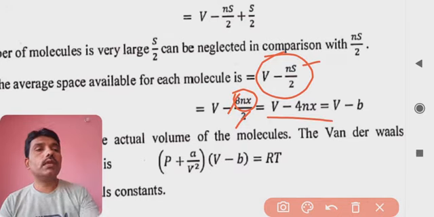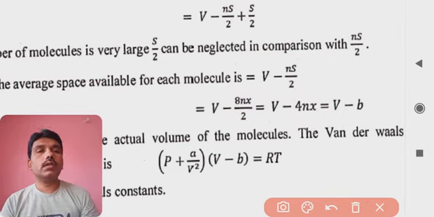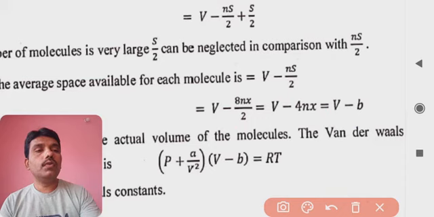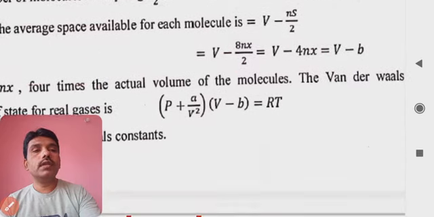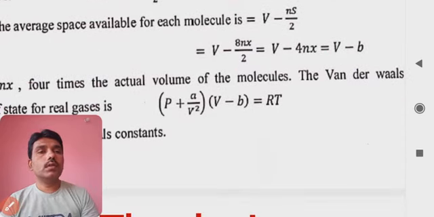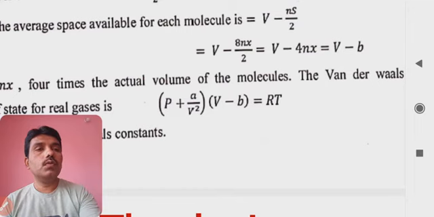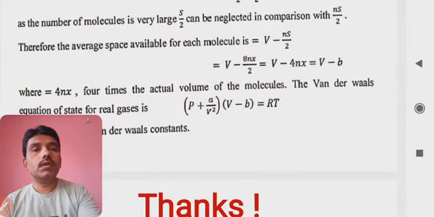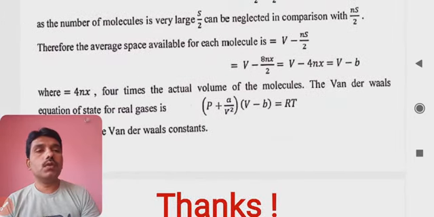And this 4nx we denote by a variable b, and that's why the correction in the volume is concerned, it will be given as actually 4 times the actual volume of the molecules. 4nx is nothing but b, where b is equal to 4nx.